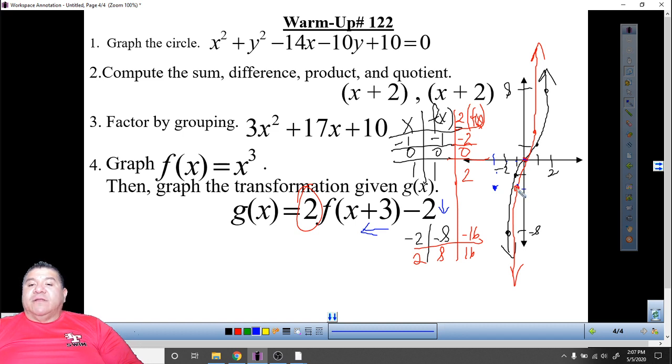So I'm going to move it 3 to the left, 2 down. And this one, 1, 2, 3, 1, 2. And that's our final one. There it is. Pretty good, right? Okay, good. Let's move on.